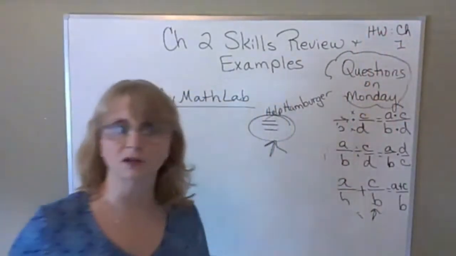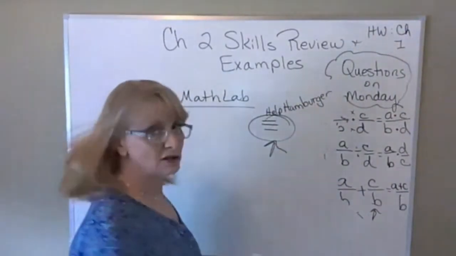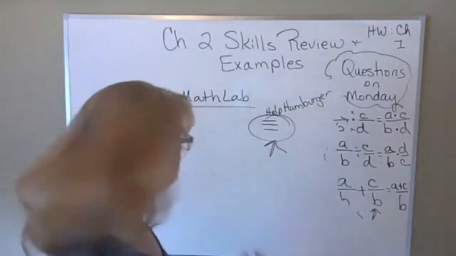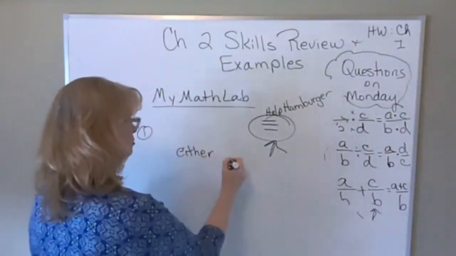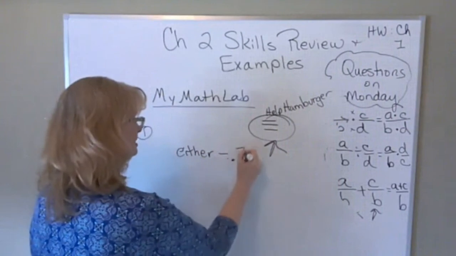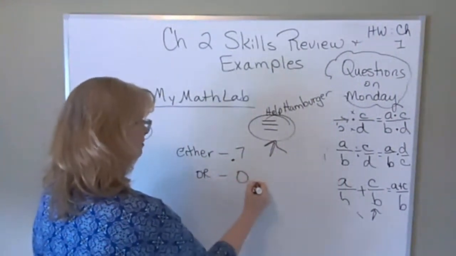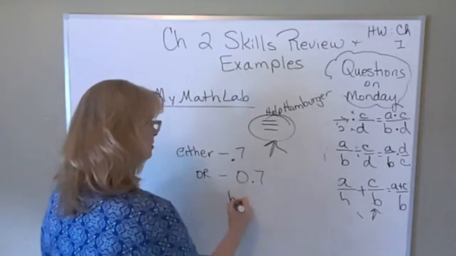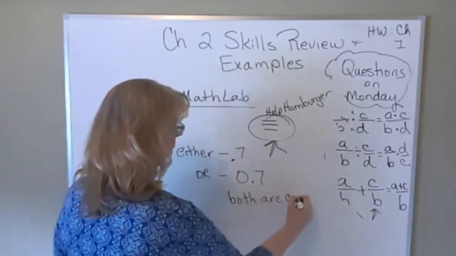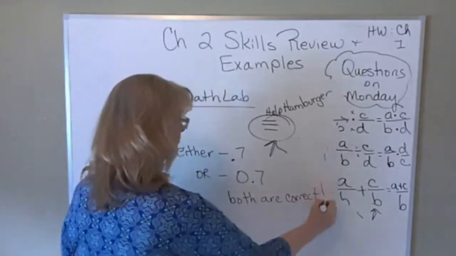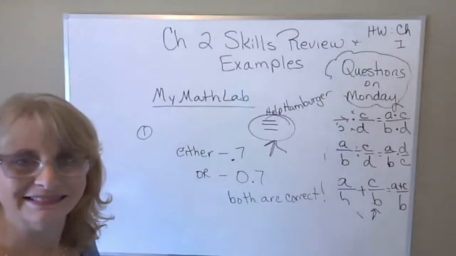Does anybody have a question before you go? Yeah, you can do it either way. It can be either a -0.7 or... both are correct. Okay?